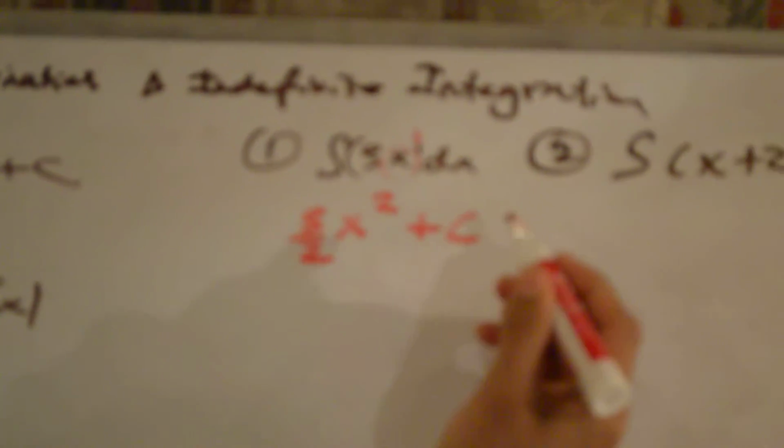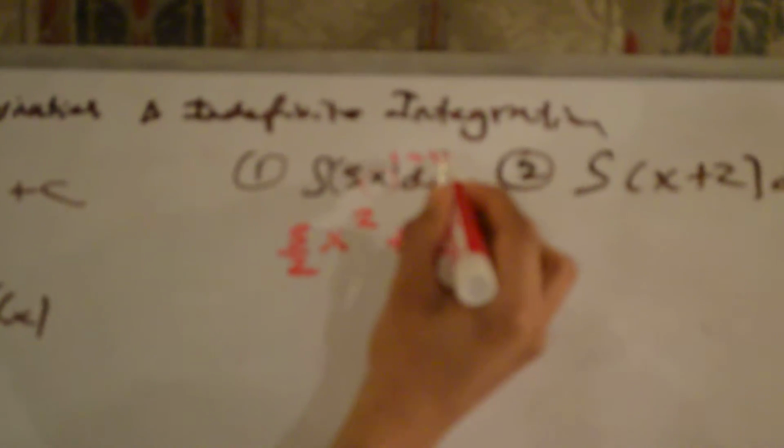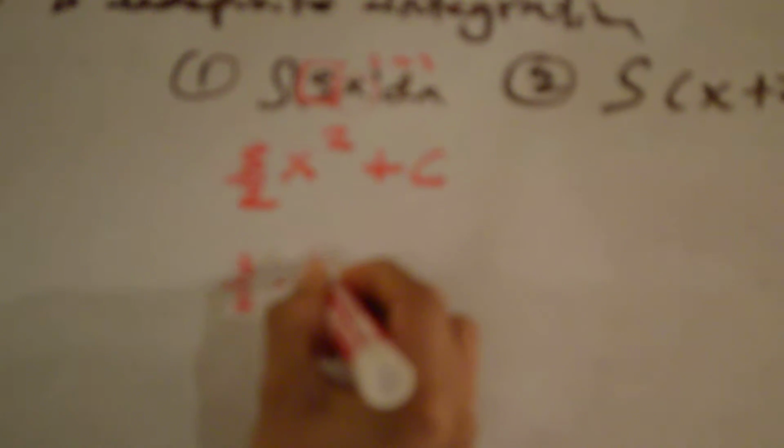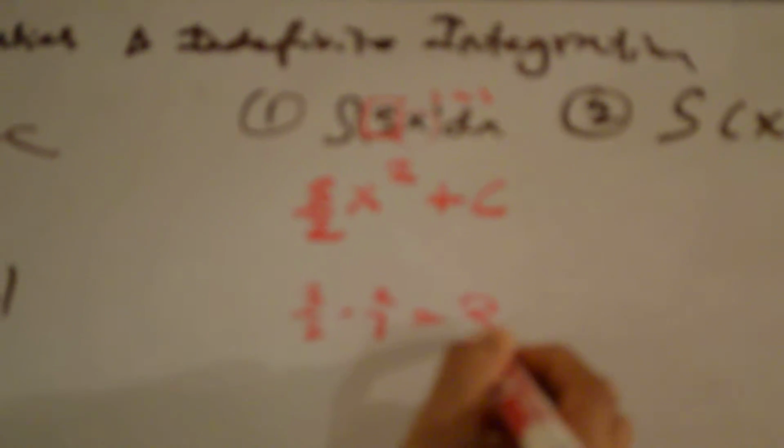I have a power of 1, and to find the antiderivative, you always add 1. So that's how I got 2. Then I think, if I bring it down, what would give me a constant of 3? It would be 3 halves, because 3 halves times 2 just gives 3. So that's what we want. Remember your plus c, don't forget that.